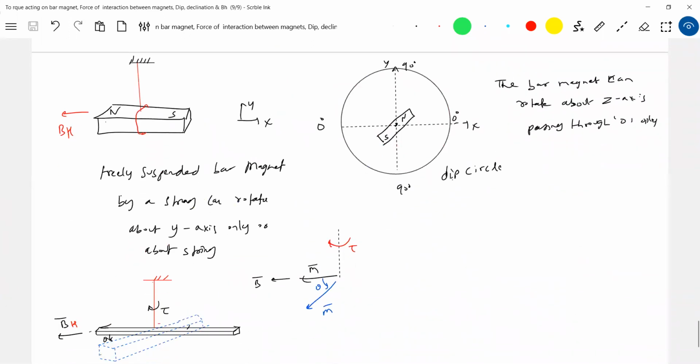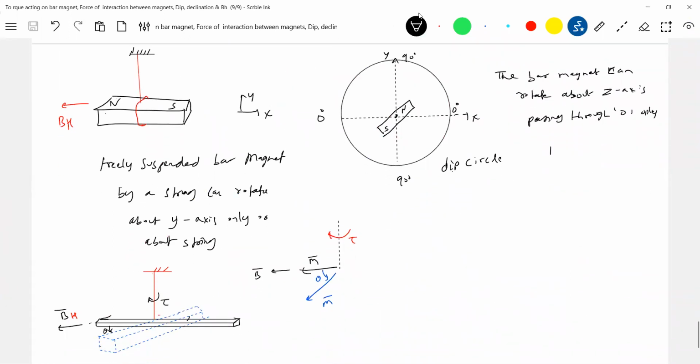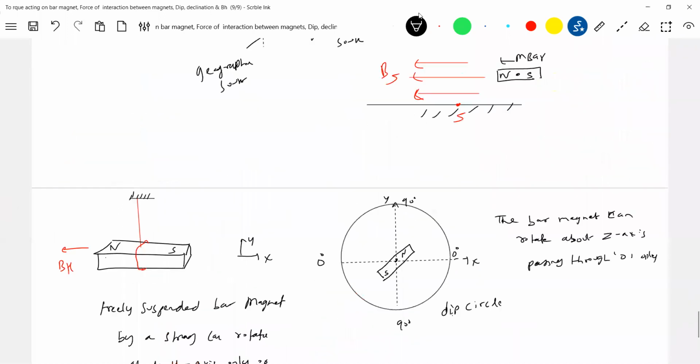So I'll write all these things using the vibration magnetometer. So I know one component, BH. What about this direction?